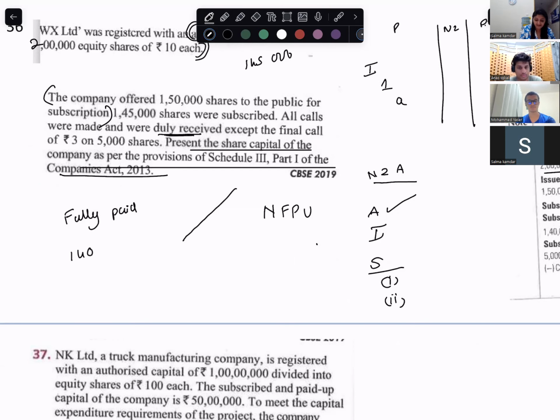Subscribed and fully paid is 1,40,000 shares, and subscribed and not fully paid is 5,000 shares, because on these 5,000 shares the final call has not been made.